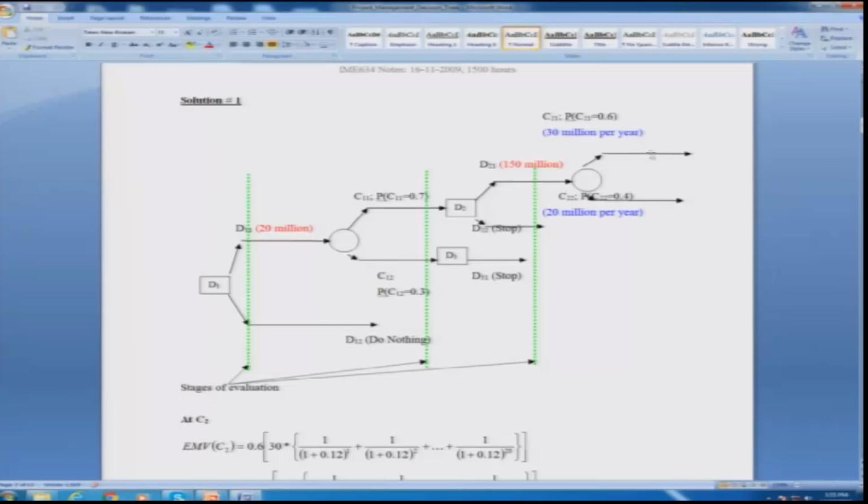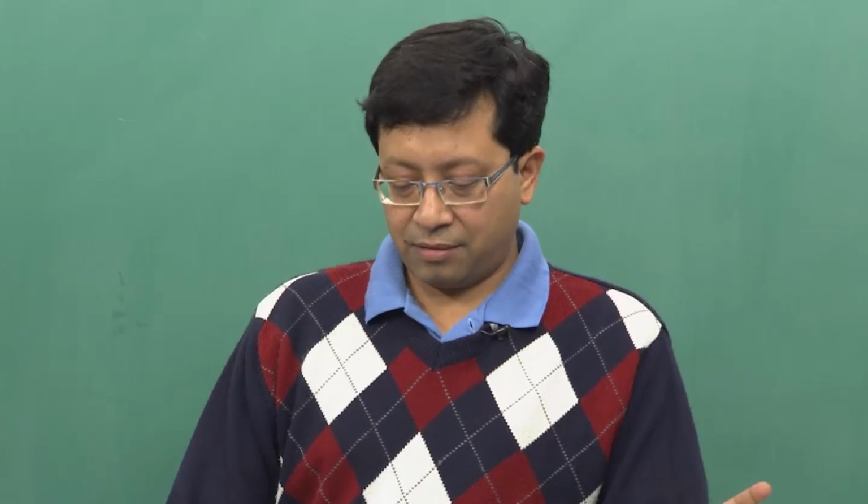So, if I consider the problem from the extreme right, because what I will try to do is analyze the problem from the end result and slowly go back to the actual source where the decision would be made. So, for the extreme right values, 30 million means there is a probability of 60% of high demand and you would get on an annual basis 30 million as the payback for a 20-year period.